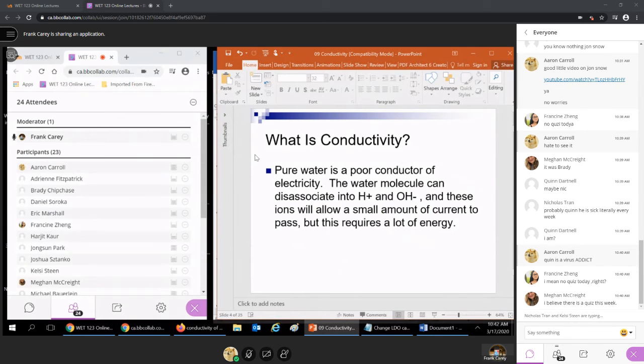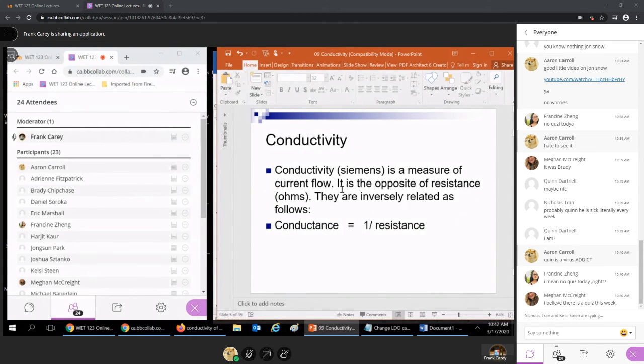So pure water is a very, very poor conductor of electricity. If you guys remember, in class I showed the dissociation of water, how it dissociates, but the water molecule is actually a very stable molecule.